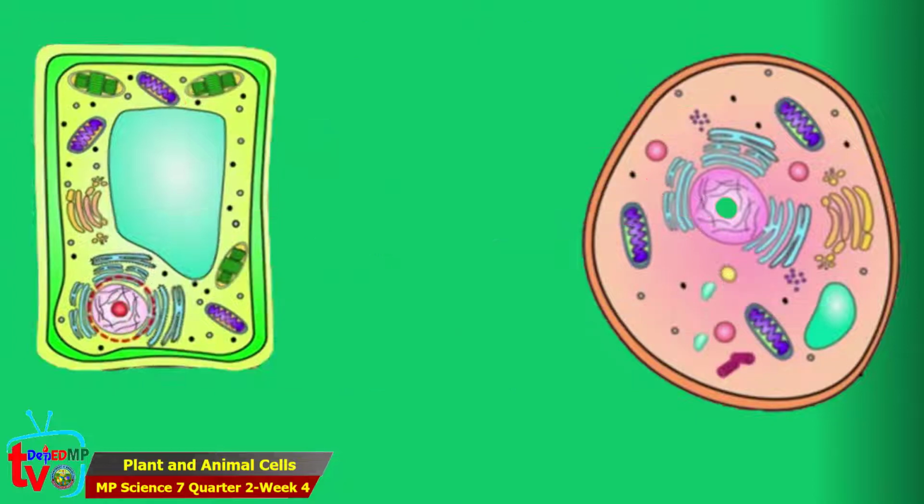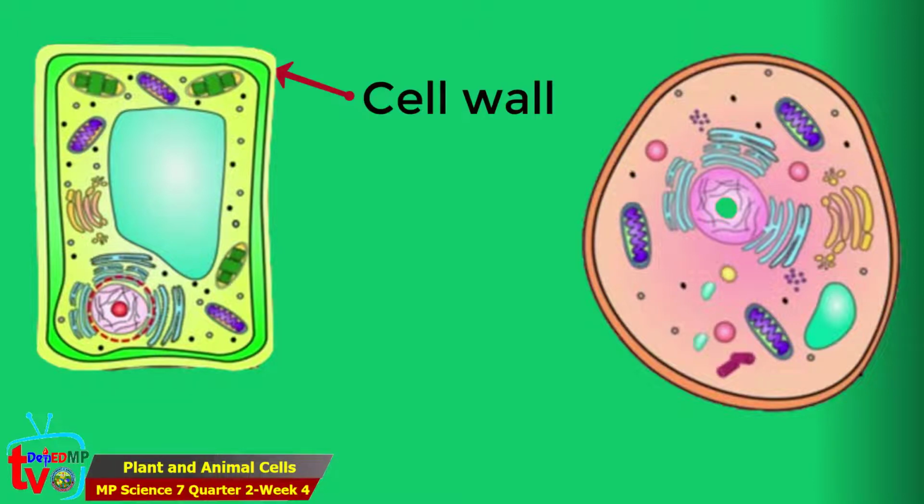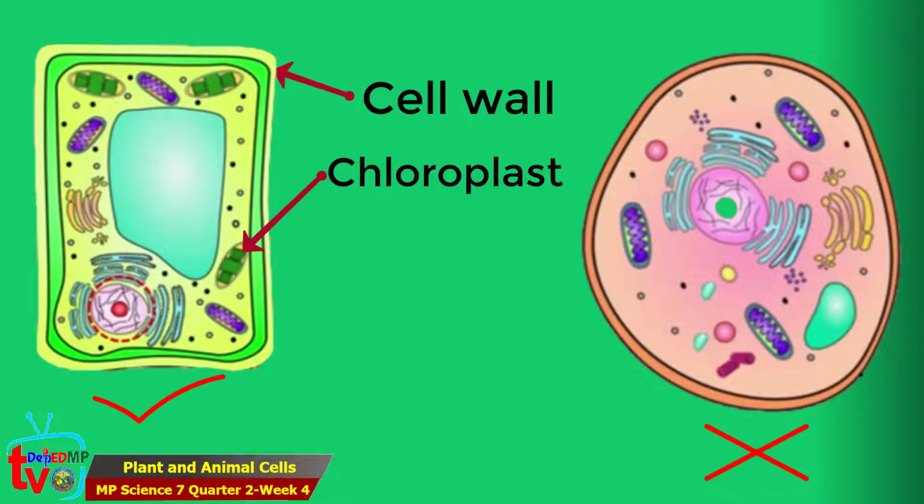You have observed in the illustrations that plant cells have cell wall and chloroplast, which are not found in animal cells. These have something to do with the nature of plants having tough stems and their being able to produce their own food.